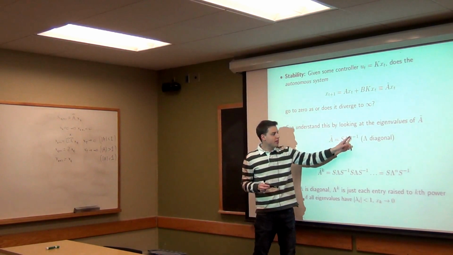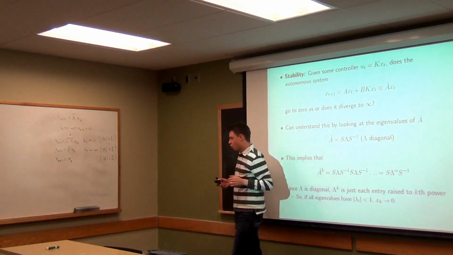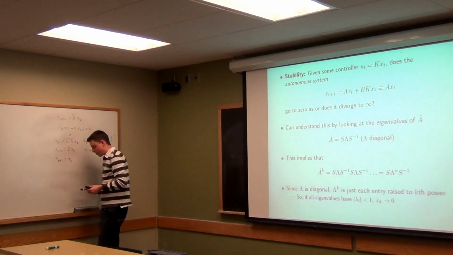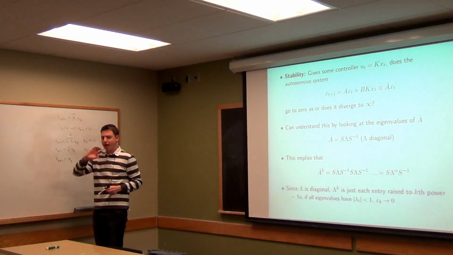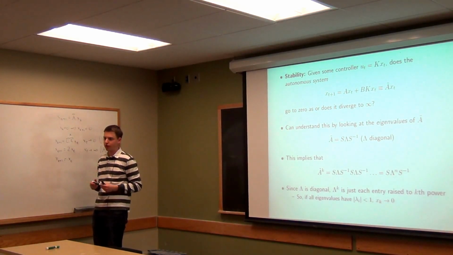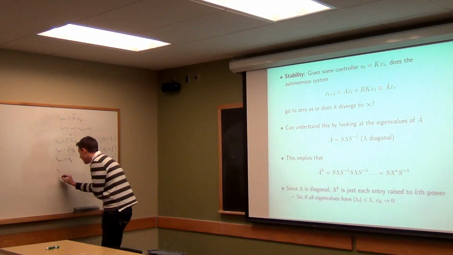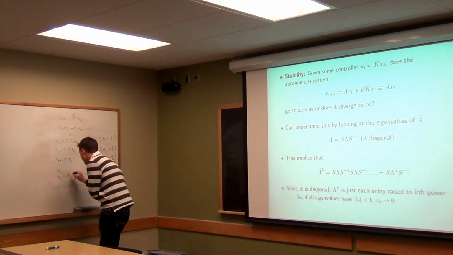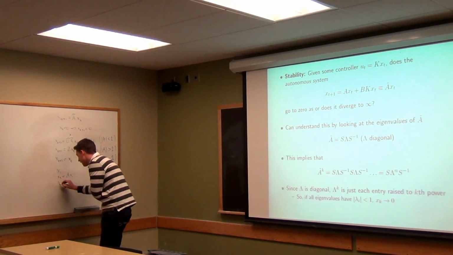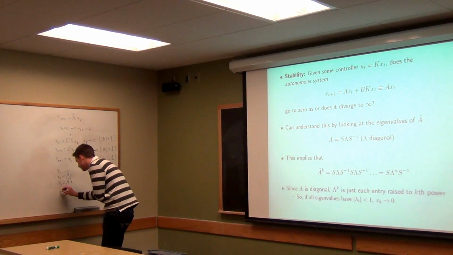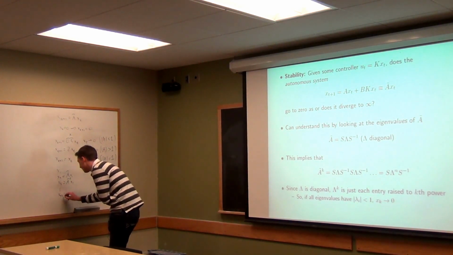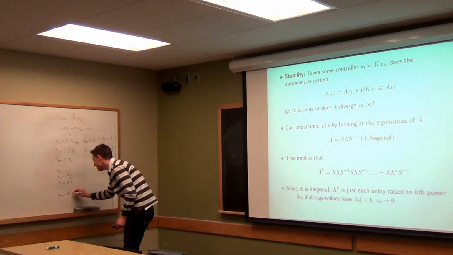The nice thing about this is that what really matters for stability is the different powers of this matrix A tilde. Because if you start at x_1, like we did before, x_2 will equal A tilde x_1, x_3 will equal A tilde squared x_1, and in general x_{t+1} equals A tilde to the t times x_1.